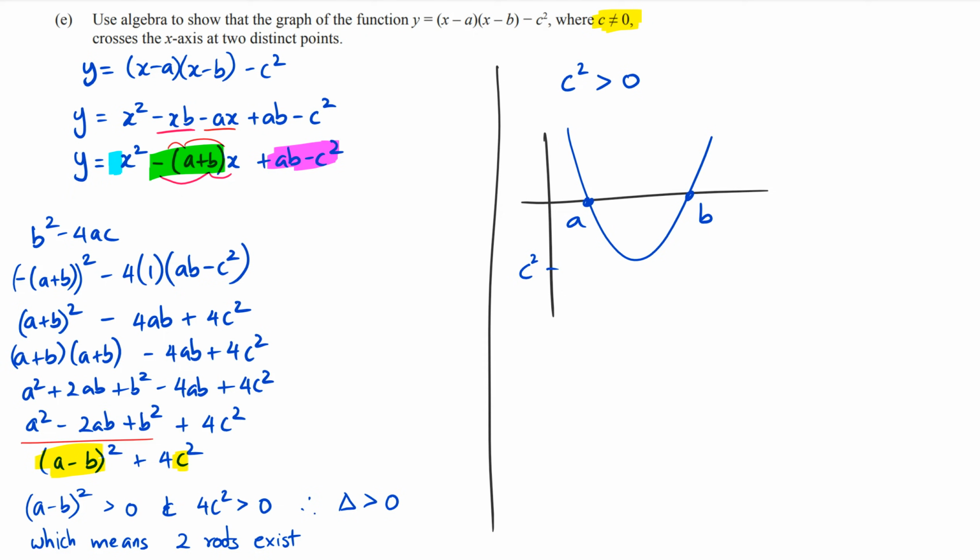But remember that this quadratic is actually x minus a times x minus b minus c squared. So minus c squared is actually going to be below the x-axis. And so it actually has 2 roots.